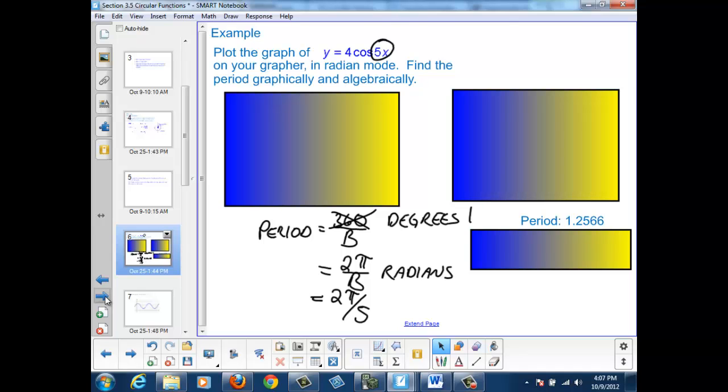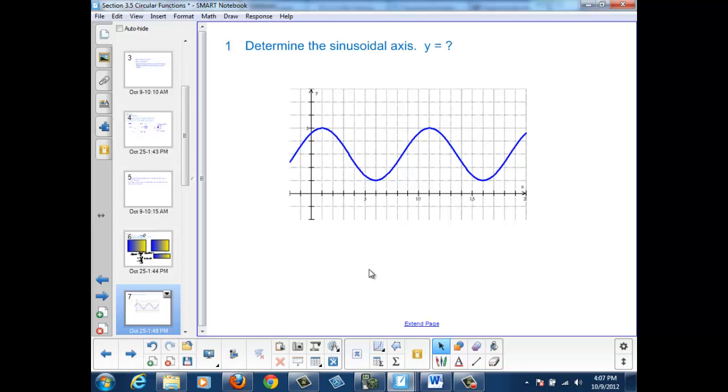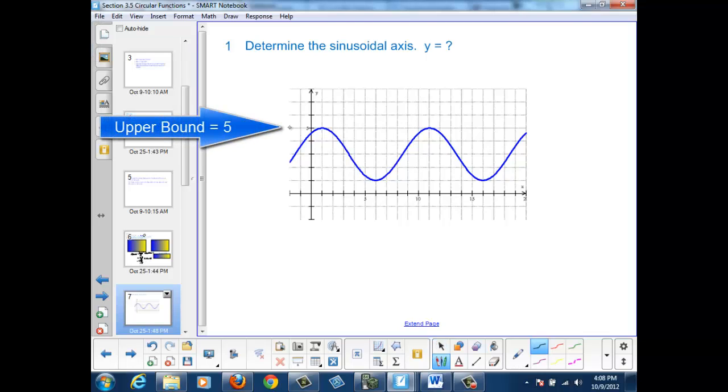Now let's go quickly through an example of analyzing a graph and coming up with its equation, except this time we're going to do it in radian mode. So here's my graph, and I want to determine the sinusoidal axis. To find the sinusoidal axis, we find the midway point between the upper bound here at 5 and the lower bound here at 1, which is 3.